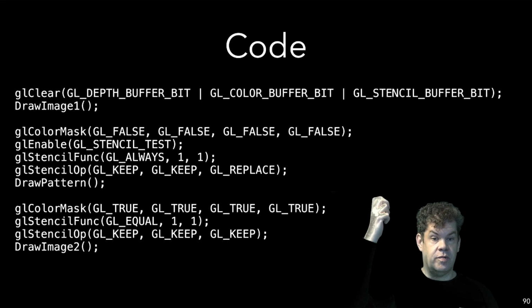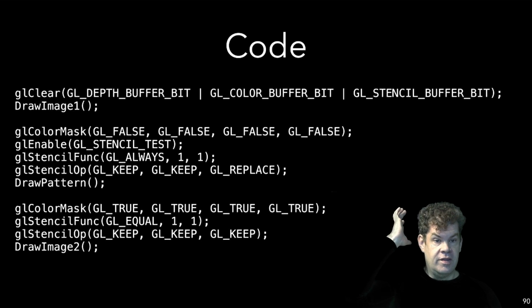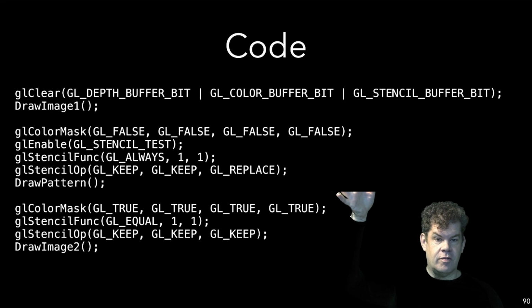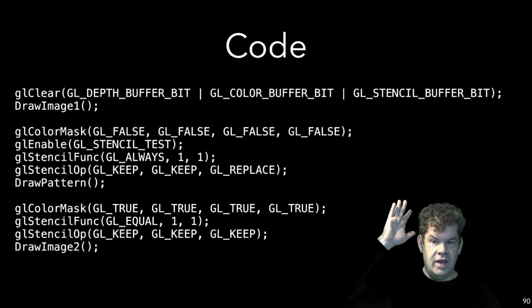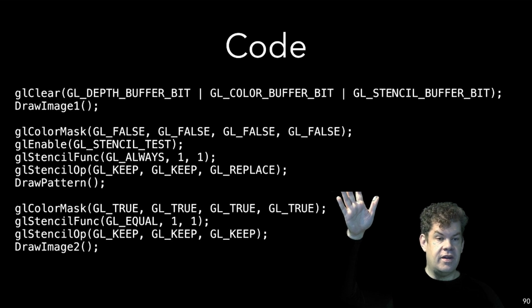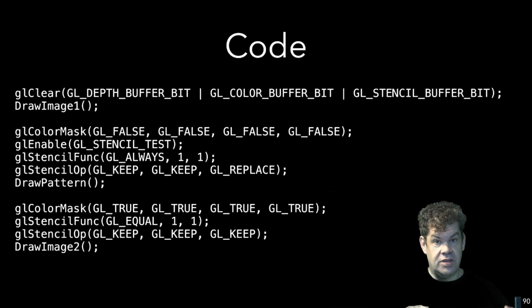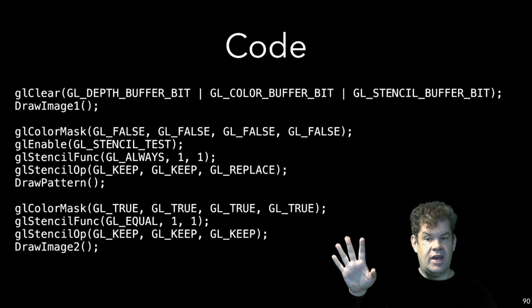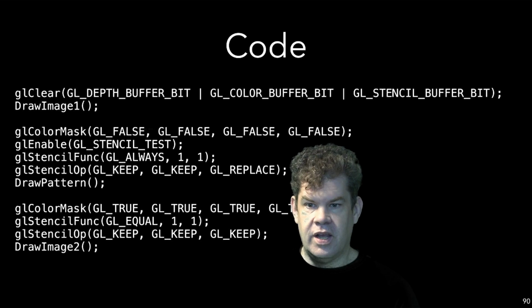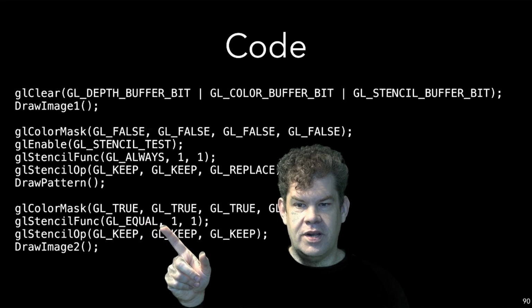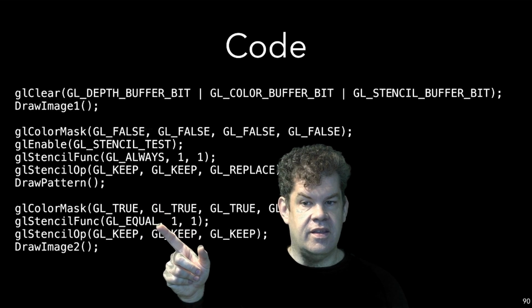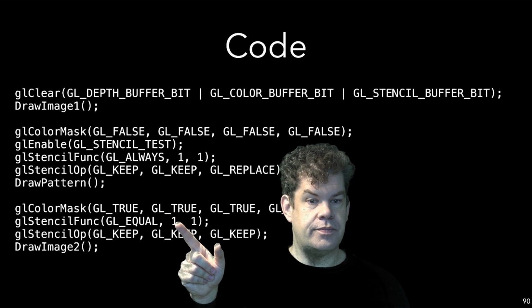I would draw image 1, set a specific draw mask, enable the stencil test, and set certain parameters. Then I would draw my stencil pattern, which changes the stencil values, and then undo a bunch of things. The key is only the one line where I say: only draw the second scene where the value is equal to 1.